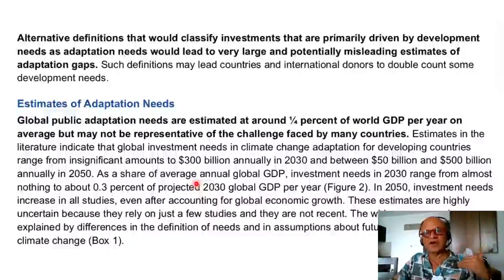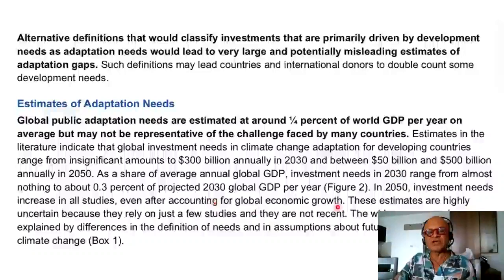So the upfront cost can be higher at, let's say, 300 billion annually in 2030. In 2050 it may be as low as 50 billion if proper actions were taken for the ramping up of climate change impacts by 2050, or it could still be going up to 500 billion annually by 2050.